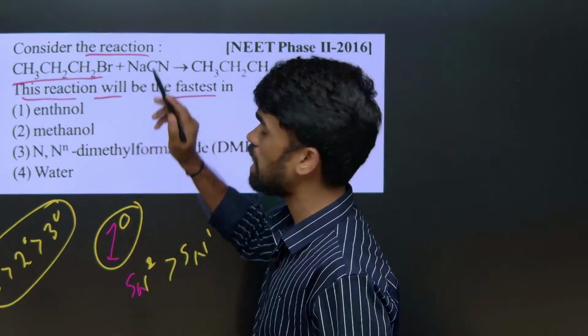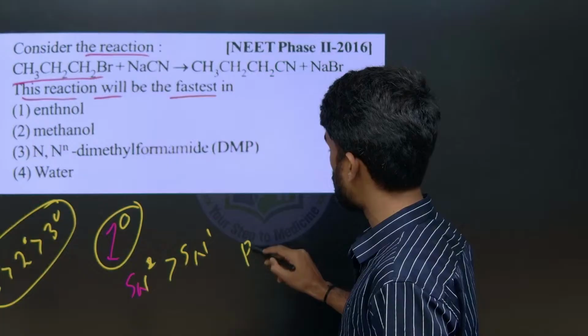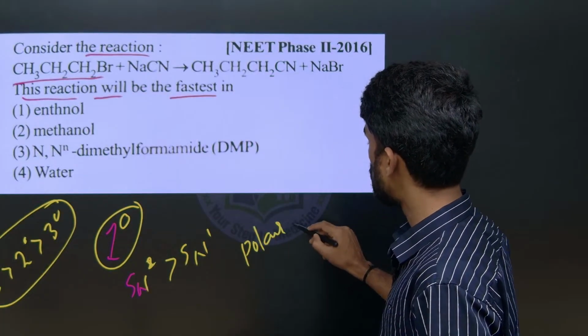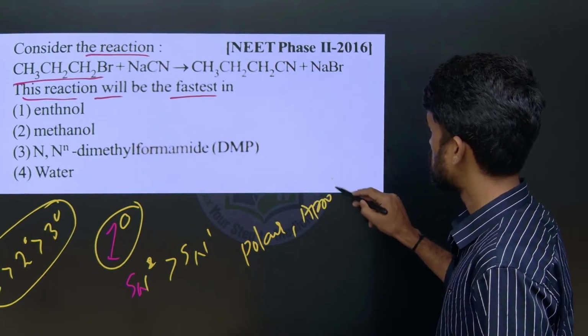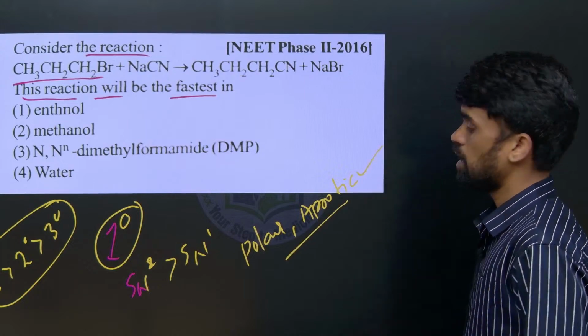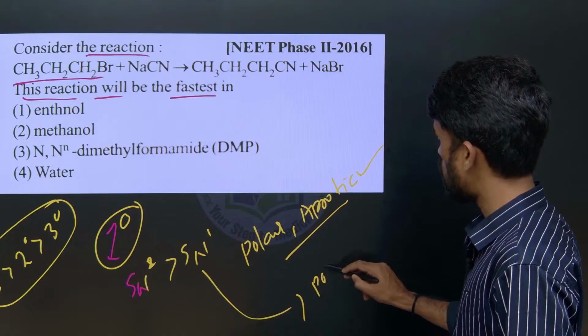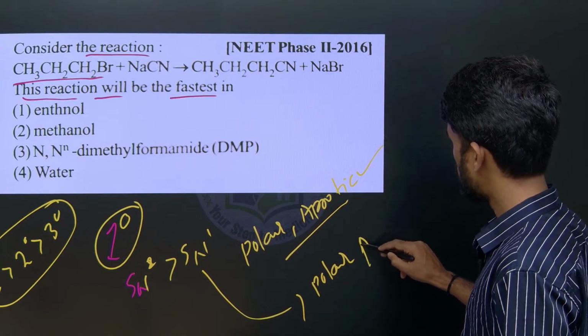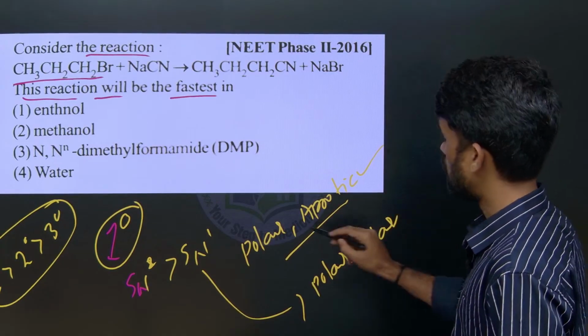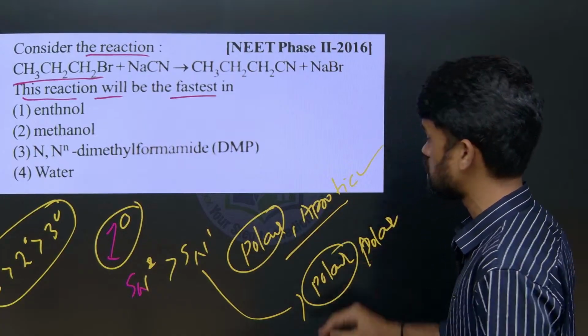And SN2 reaction is favored in polar aprotic solvents. What is that? Polar aprotic solvents. SN2 is favored in polar aprotic, and when it comes to SN1, it is polar protic. The solvent should be polar in both cases, okay.